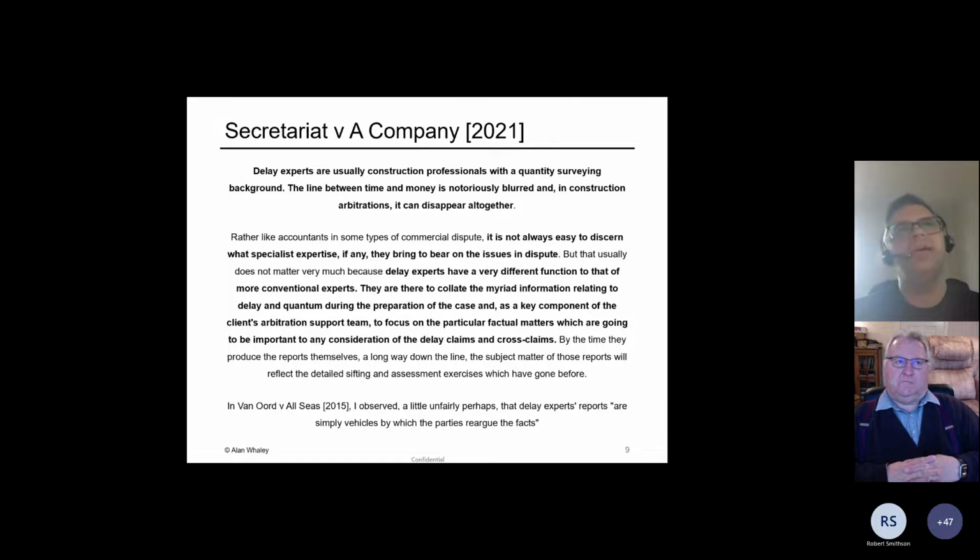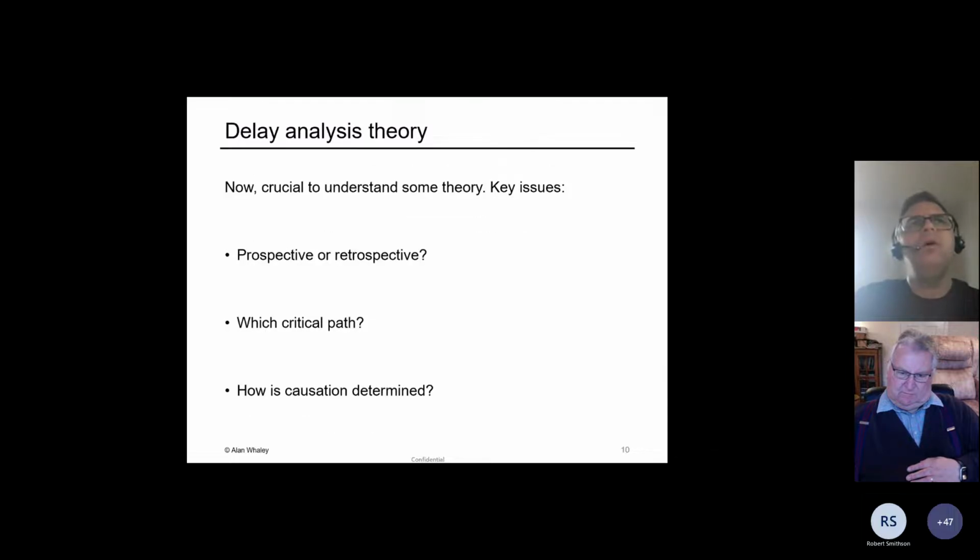By contrast, the delay expert has a different role, because they have to investigate on the facts what actually happened. But the delay expert isn't going to be looking at academic papers and theoretical things in principle. The delay expert is going to be looking at what actually happened on this case, so it's case specific. So hopefully you can see why we're doing delay analysis and the value the role can bring, as long as it's done properly.